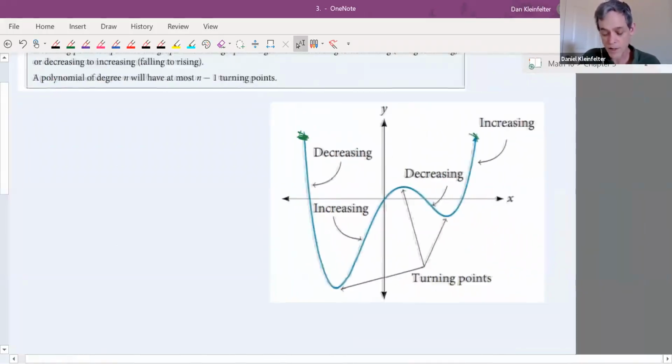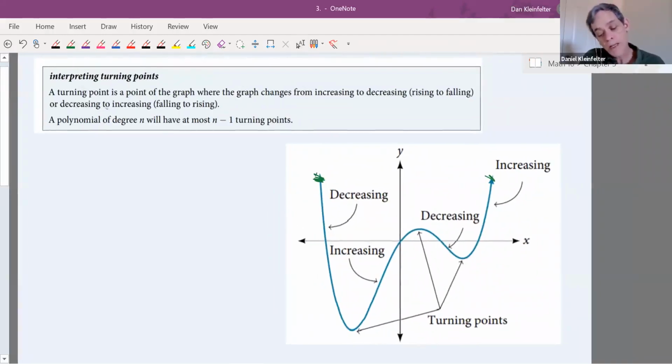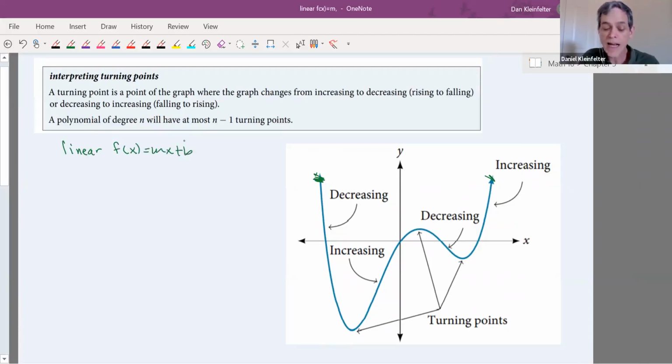We also saw them described as local maximum or minimum points. A polynomial of degree n is going to have at most n minus 1 turning points, and we saw that before. A linear function, f of x equals mx plus b, has degree 1. 1 minus 1 is 0, so no turning points.